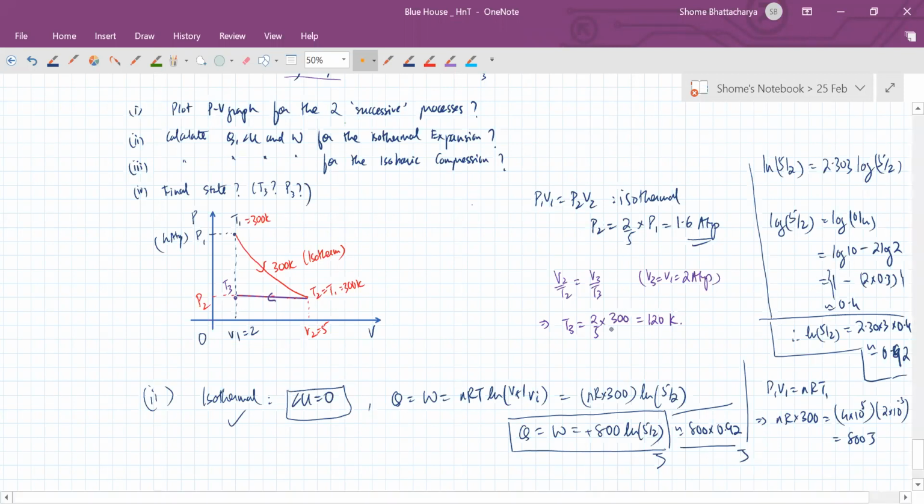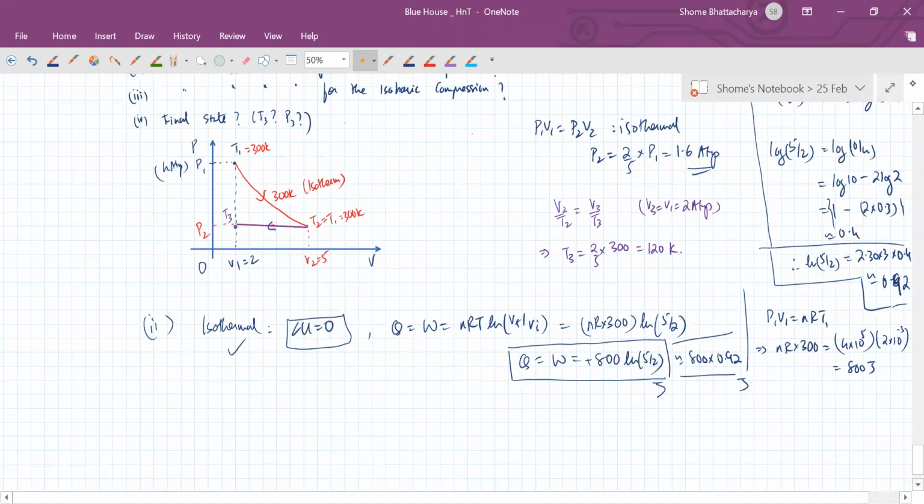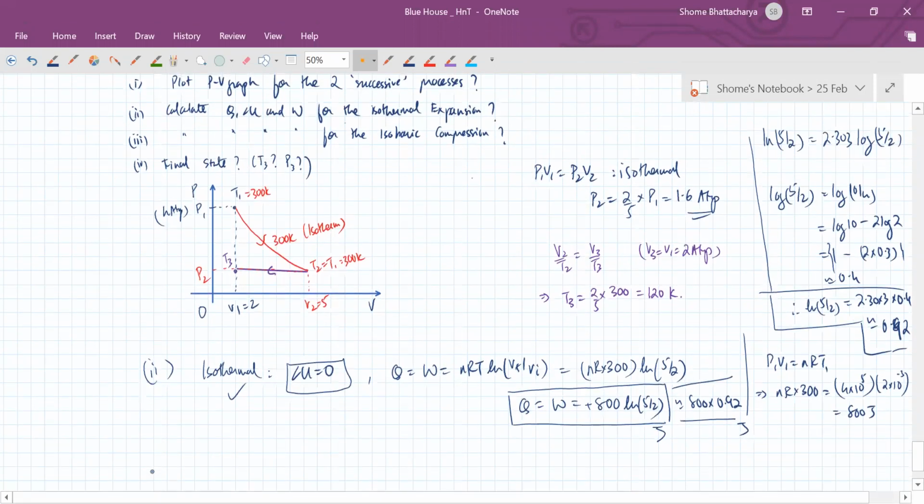Because Q and W are positive in the expansion. So just refer to my calculation. I've given it all here. Now in the isobaric compression, it's quite easy.